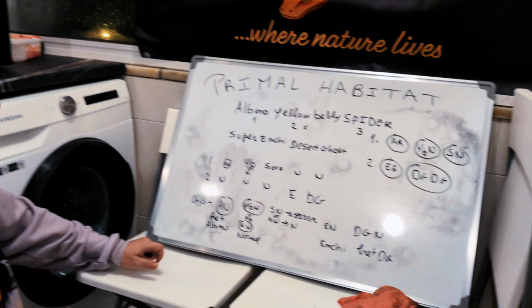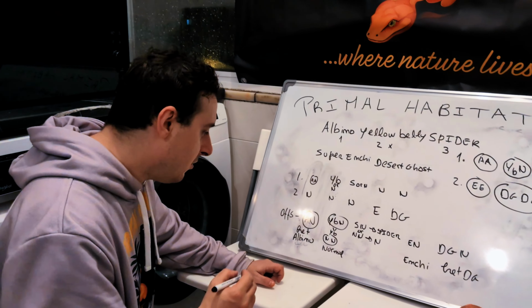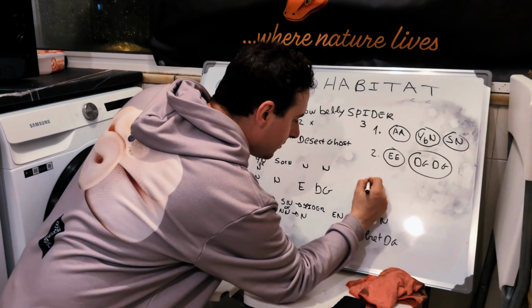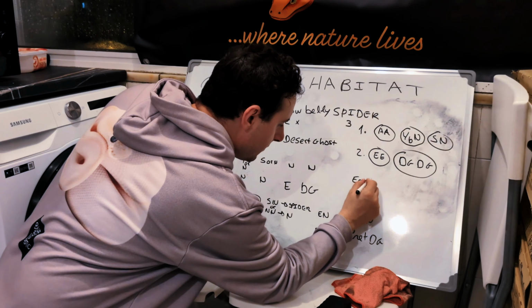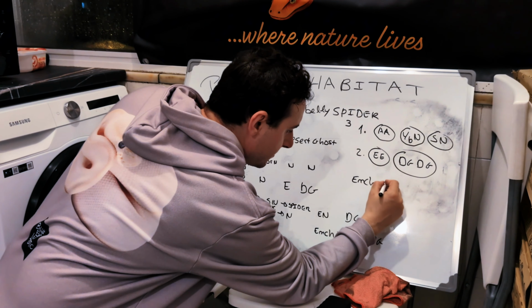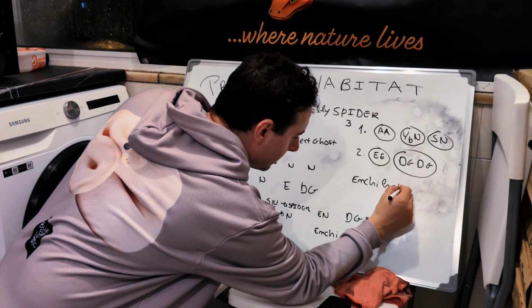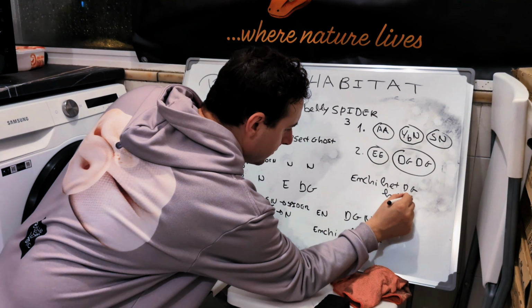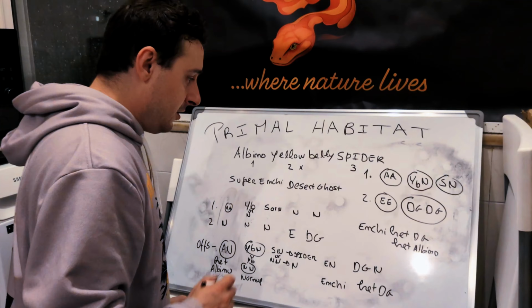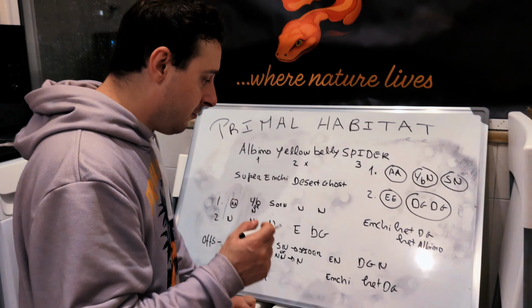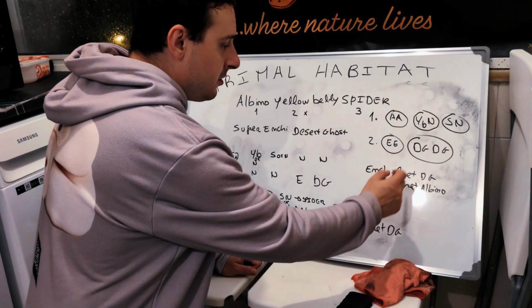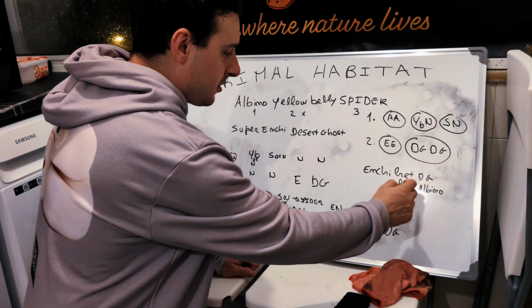So what do we know here? We know for sure that our snake will have these three, like this: Enchi, het desert ghost, het albino. So we know for sure that our offspring will have all the time Enchi, het desert ghost, het albino.